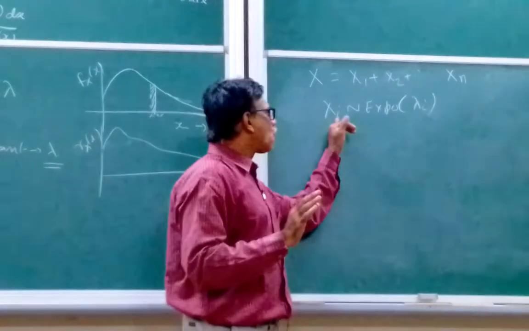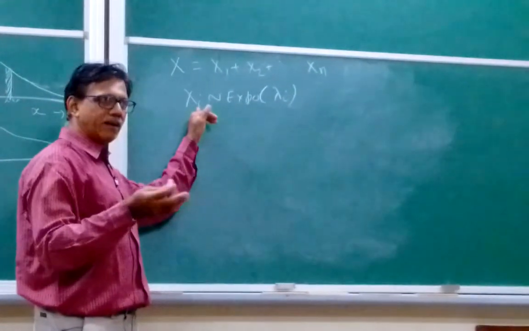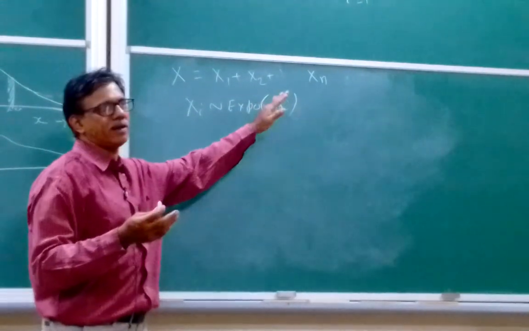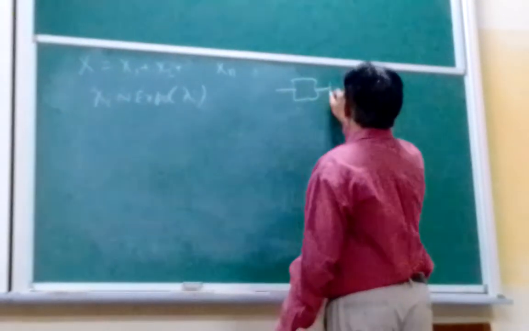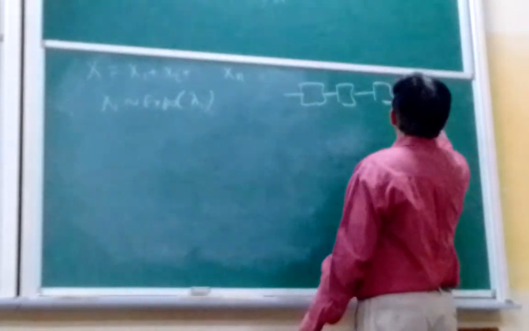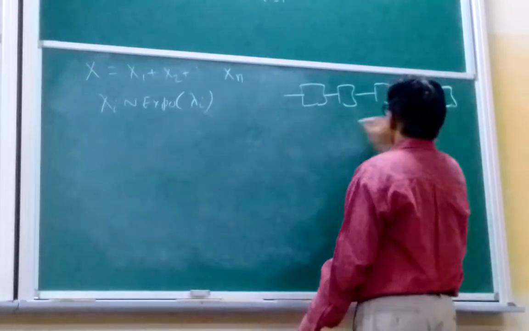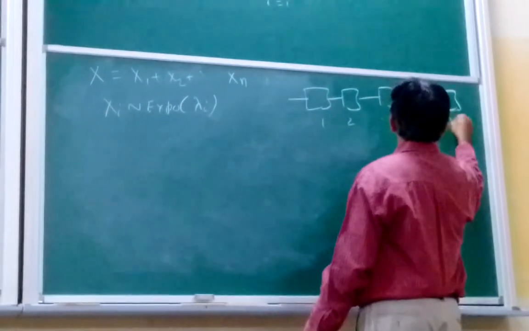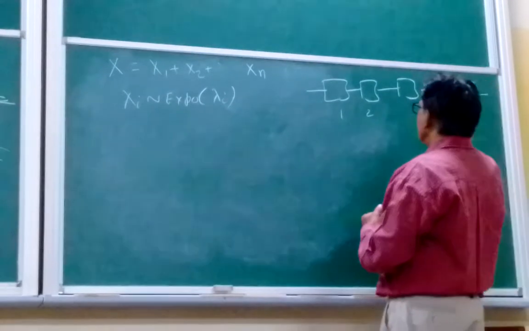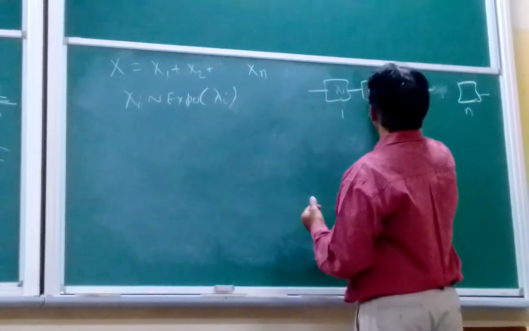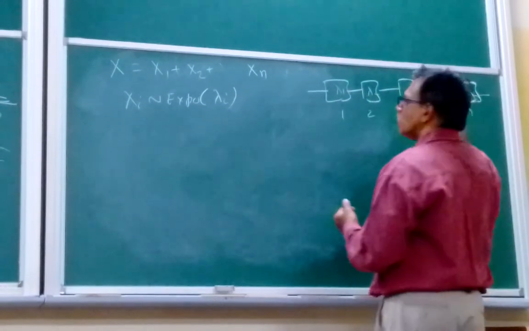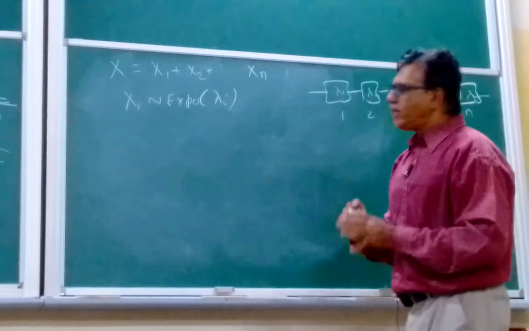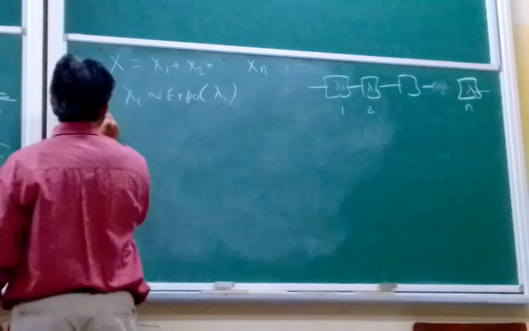The ith service time is exponential with parameter lambda i. So it is a series of services that you do, 1, 2, 3 and so on. Then only you will complete and go. So this is exponential with parameter lambda 1, lambda 2 and so on. That is hypoexponential.